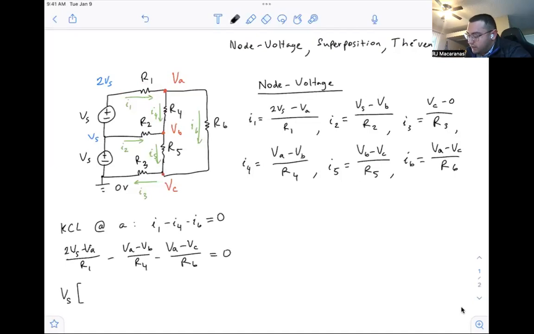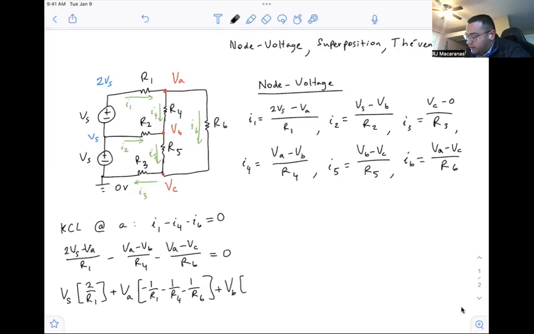So we take VS, we've got 2 by R1 VS, and then we want to add VA. How many VAs do we have? We've got -1 by R1, -1 by R4, -1 by R6. And then we take our VB terms.